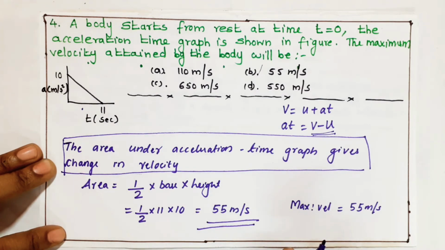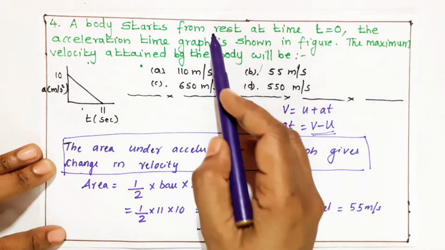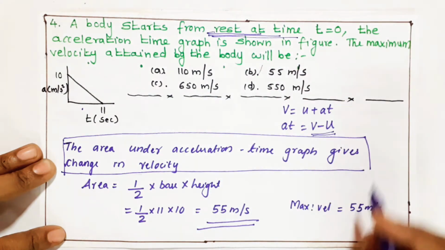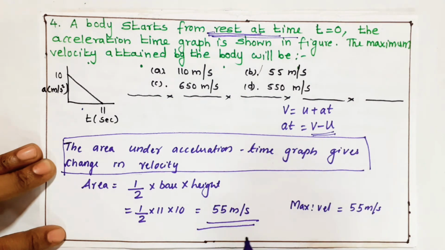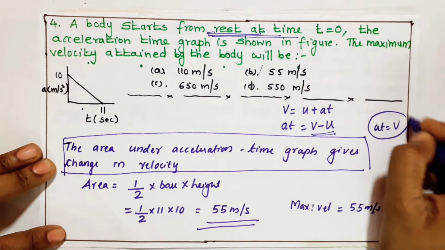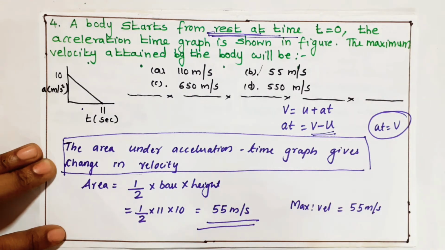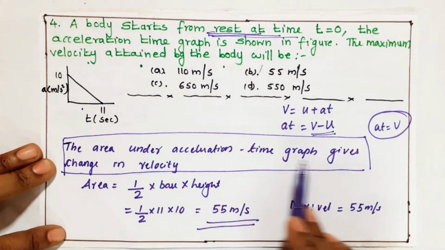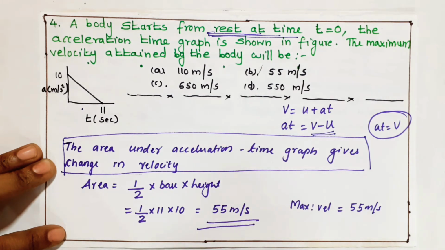That will be the maximum velocity, because they gave in the question that the body starts from rest. So U is 0. If U is 0, we can write AT is nothing but V, and this V is the maximum velocity here. Clear? So remember, the area under the AT graph, that means the acceleration time graph, gives change in velocity.